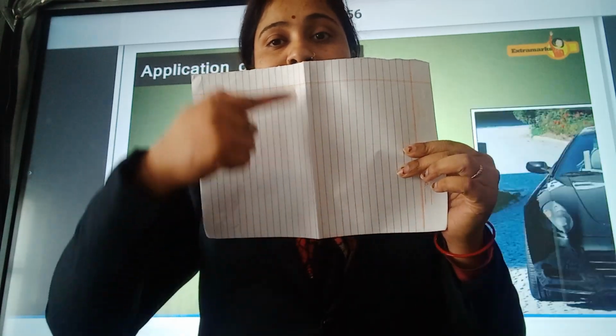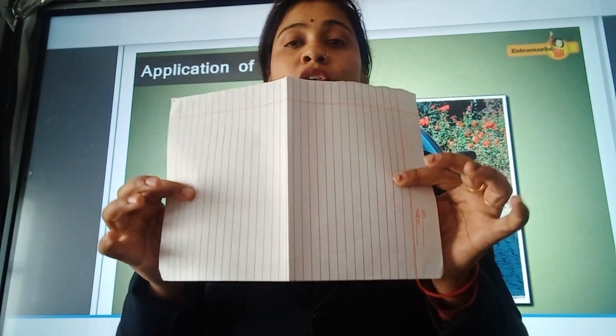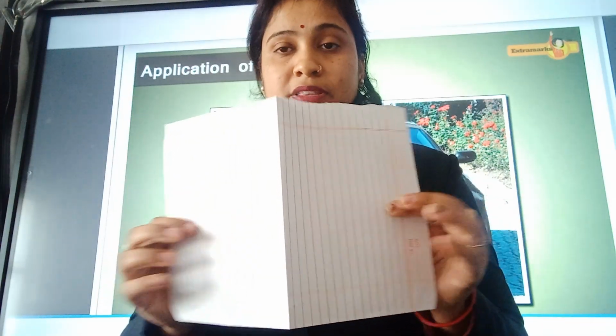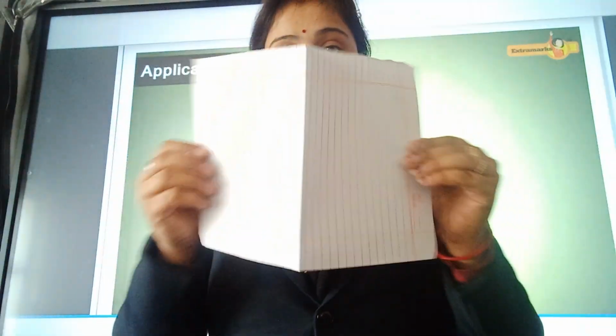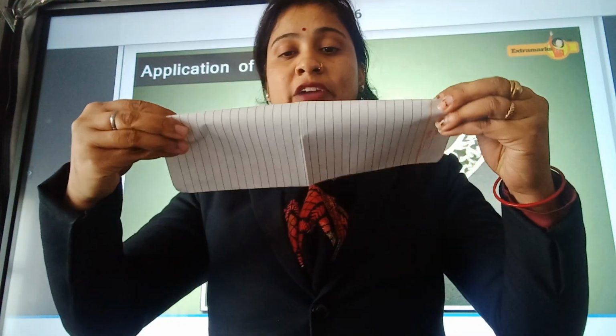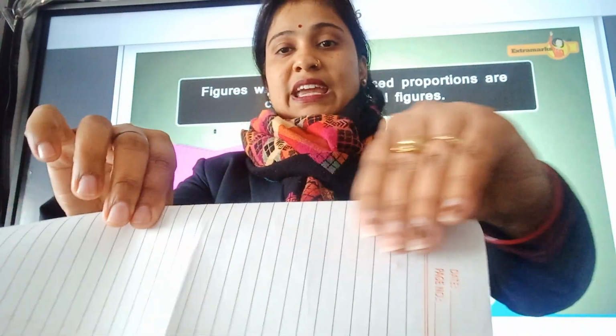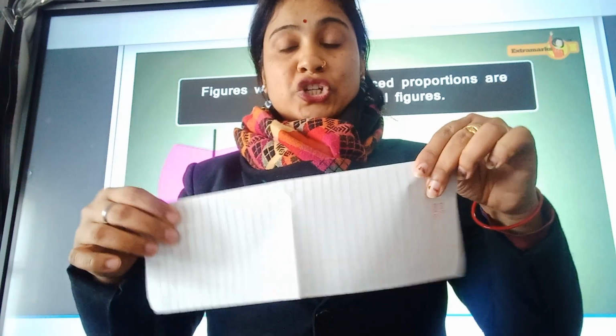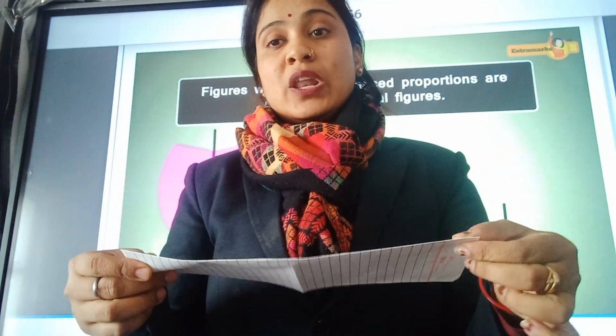This line is said to be the line of symmetry. Either I fold it along the vertical line of symmetry, or I fold it along the horizontal line of symmetry. We get exactly two equal shapes. So this was all about lines of symmetry.